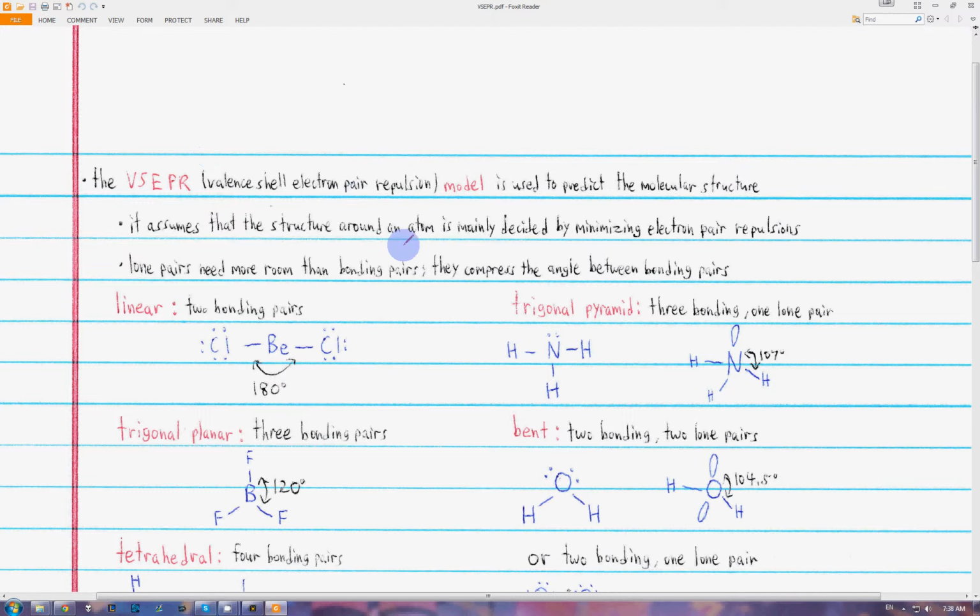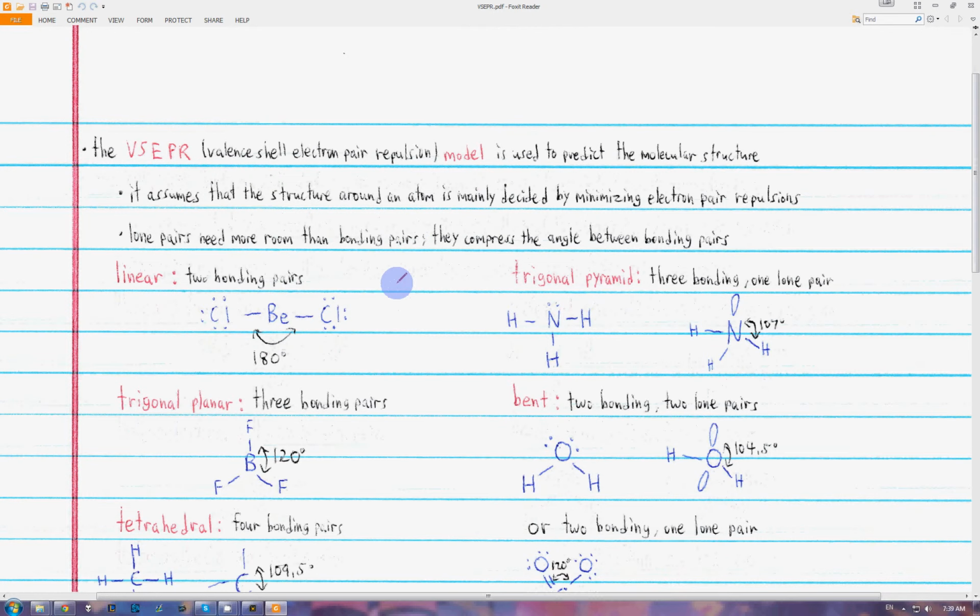So they want to get rid of these repulsions as much as possible. So basically, the electron pairs will spread out as far and evenly as possible to minimize these repulsions. And also, lone pairs need more room than bonding pairs. So, since they take up more space, they will tend to squeeze the other bonding pairs together.